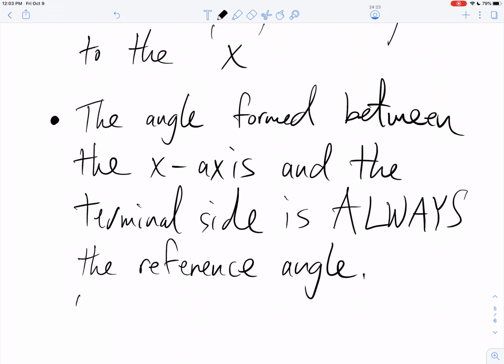Okay? Or some people like to think of it this way: the angle at the origin.